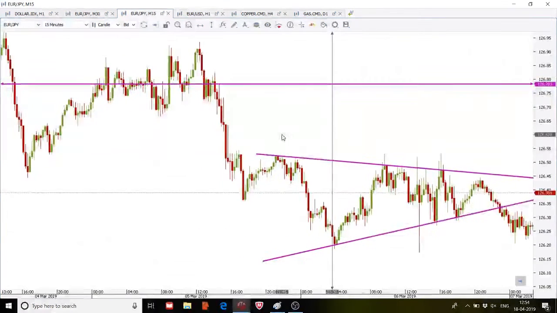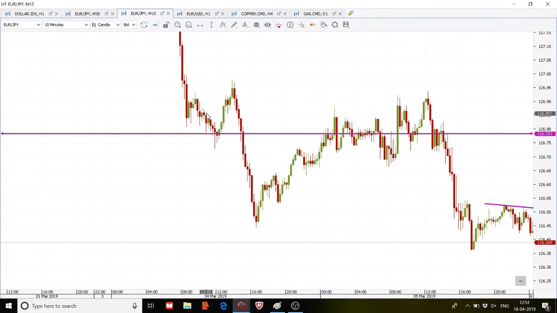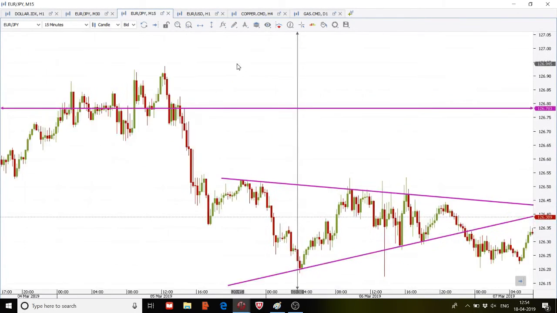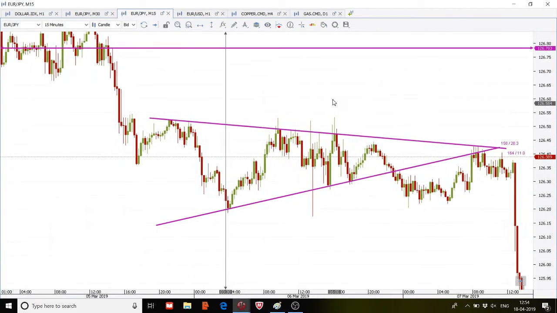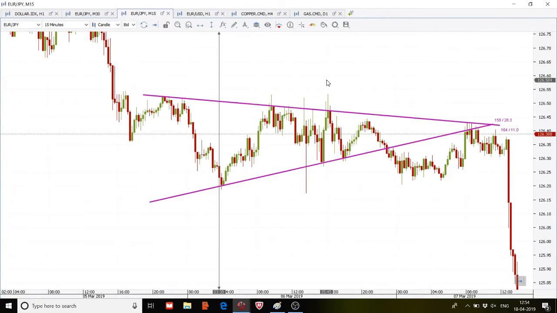The instrument is in a downtrend, and it is mainly a continuation pattern, so the expectation is that it has to break to the downside, and most of the time it follows that rule.